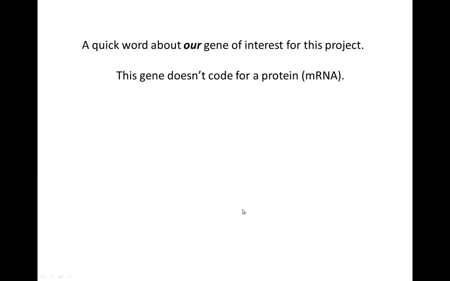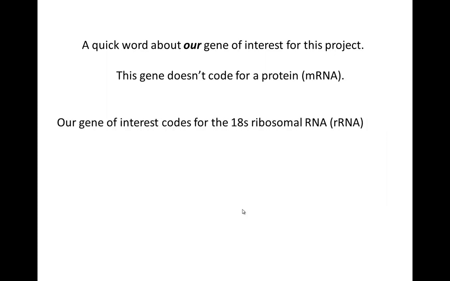So usually we think of genes as coding for proteins. In other words, the product that's made from that gene is messenger RNA. That messenger RNA then finds a ribosome and is translated into a protein. That's usually how we think of it. But some genes code for ribosomal RNA, and our gene of interest is one of those.